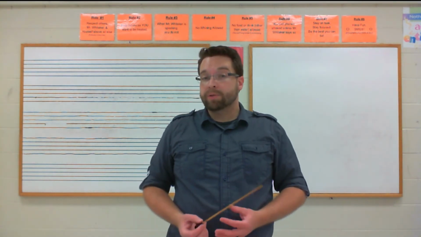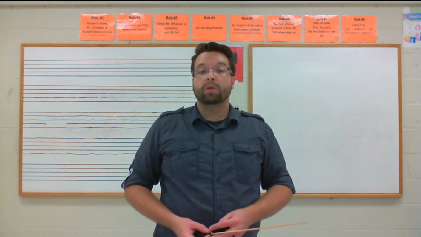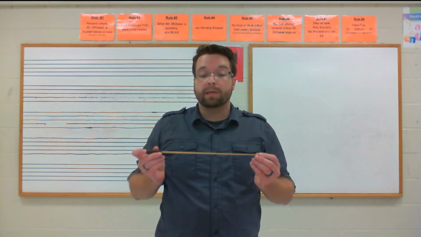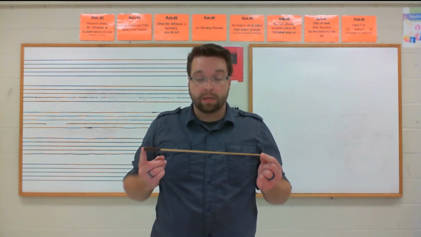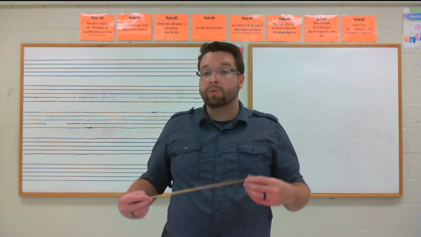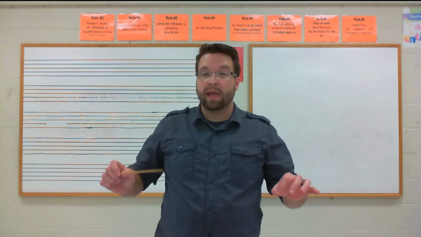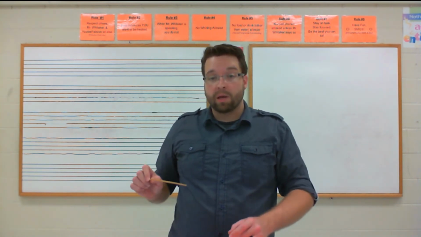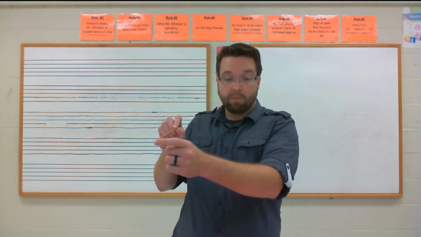Now I'll sometimes use my hands, but a lot of the time, especially in performances, you'll see me using what is known as a conductor's baton. Now this is just one form of a conductor's baton. Some conductors use these, some don't. I prefer to use them in concerts because it looks a little bit more elegant. And plus, with a baton, you can actually see the very tip of the baton, right here. I'll move it in front of you so you can see it.